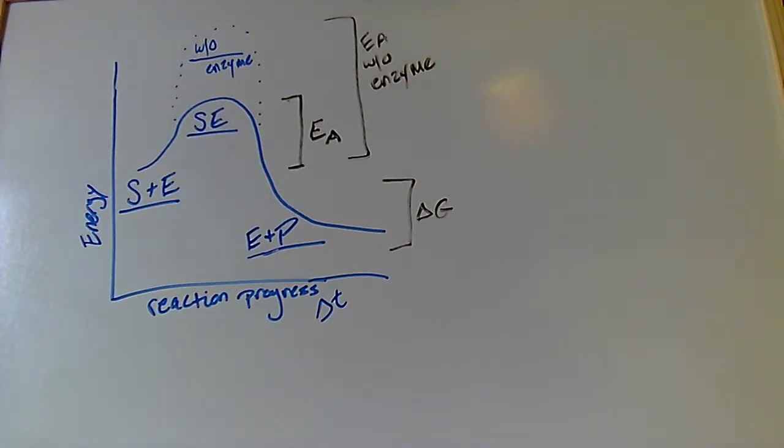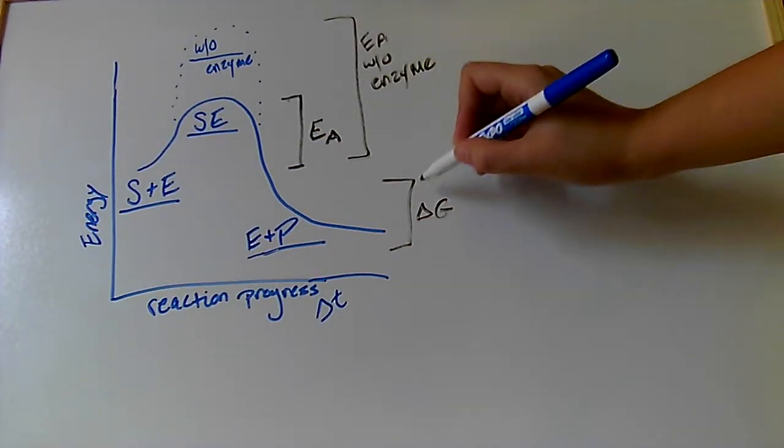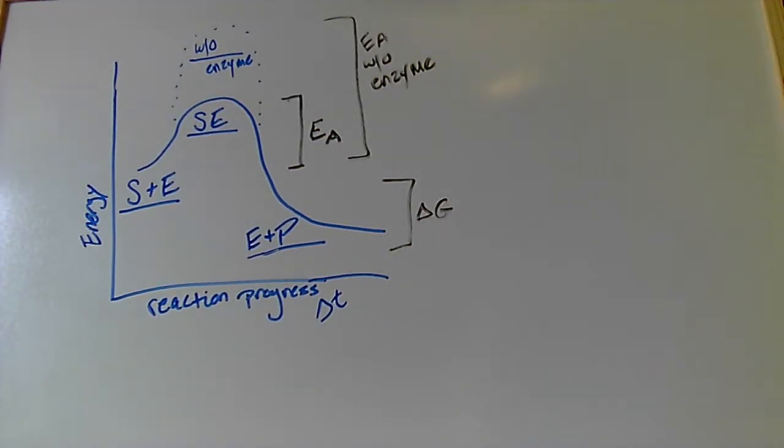Another concept I wanted to touch on while we had a reaction diagram up is this delta G. That's something that Nigel talked about in one of his first lectures, I think. That's a function of enthalpy, which is heat, and entropy, which we've already discussed a little bit.